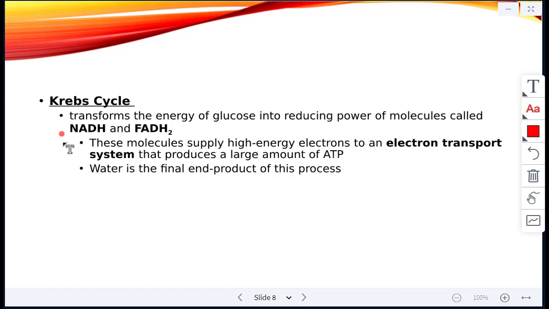In photosynthesis, we saw it was NADPH, and here it is NADH, and another one called FADH2. And these molecules, they supply high energy electrons to an electron transport system, like we saw in photosynthesis. And that's going to produce a large amount of ATP. The end product will be water.